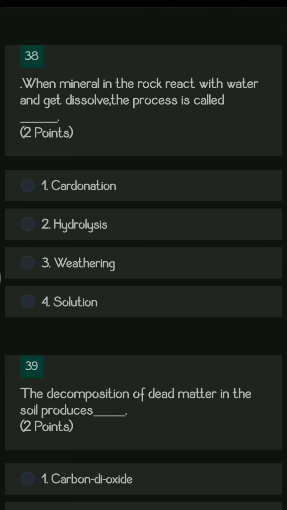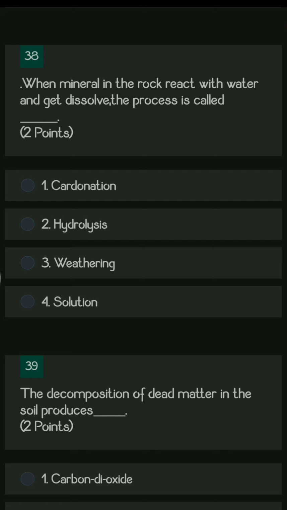Next question. When mineral in the rock react with the water and gets dissolved, this process is called as dash. Options are carbonation, hydrolysis, weathering and solution. So basically if the minerals are reacting with the water, then definitely it is going to be called as hydrolysis or solution.